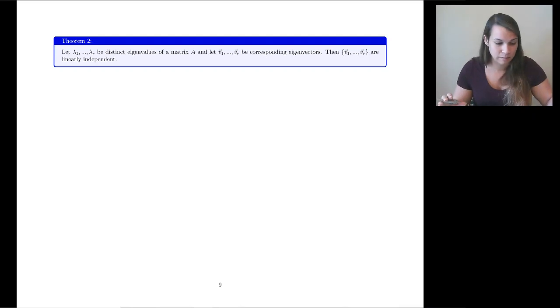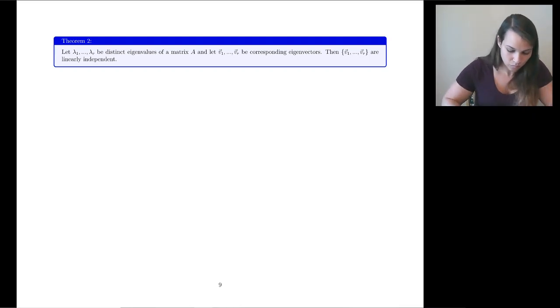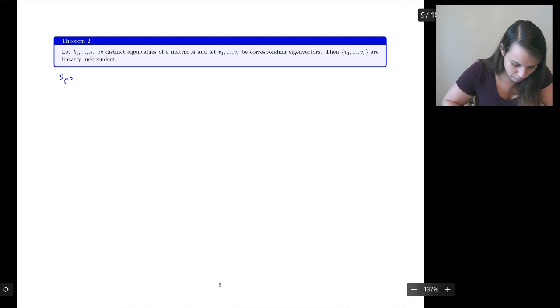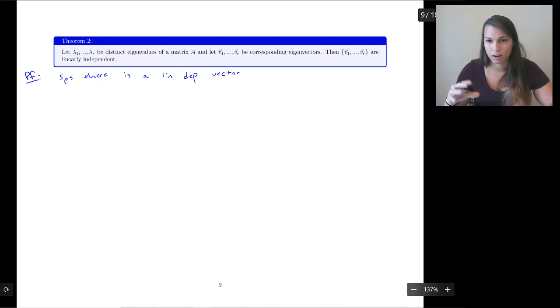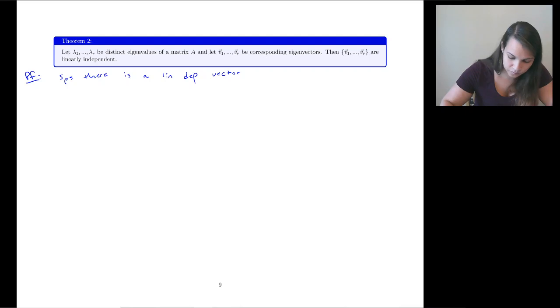It's not immediately obvious. We're going to start with, suppose there is a linearly dependent vector in our v1 to vr. We're going to call him v p plus 1.